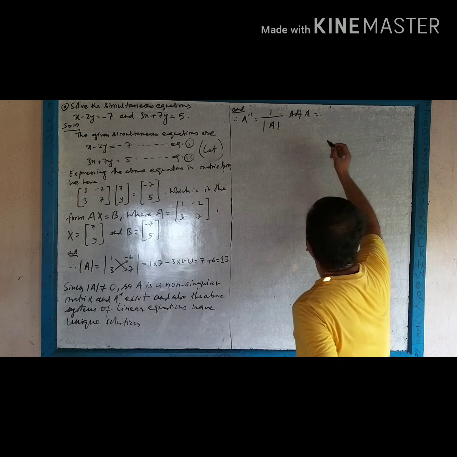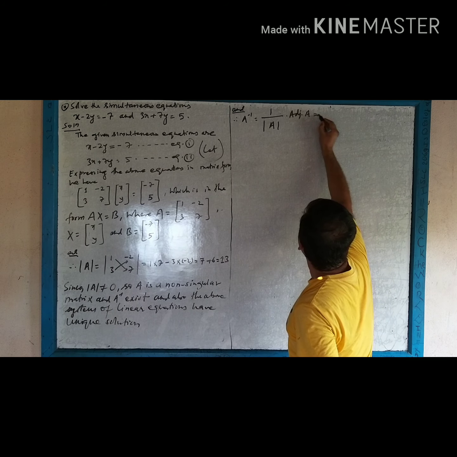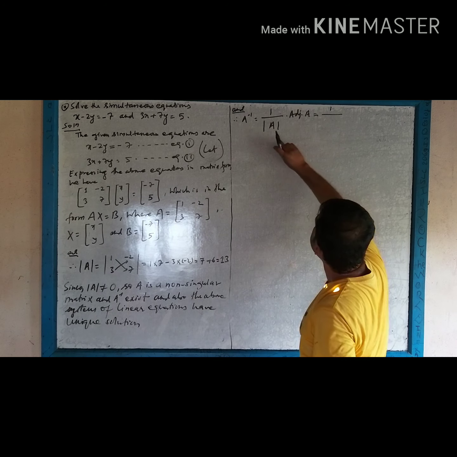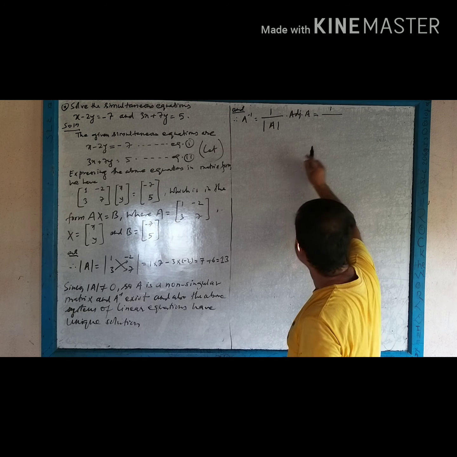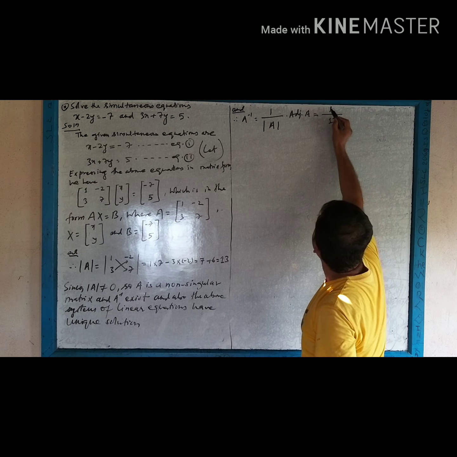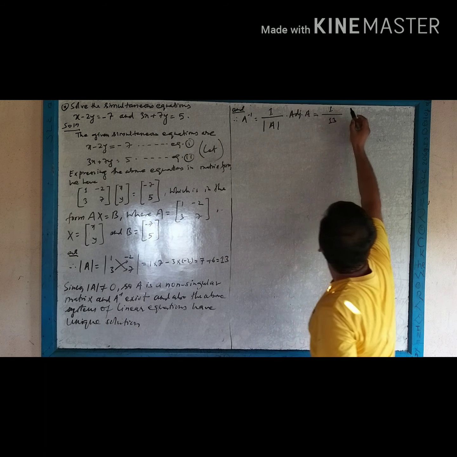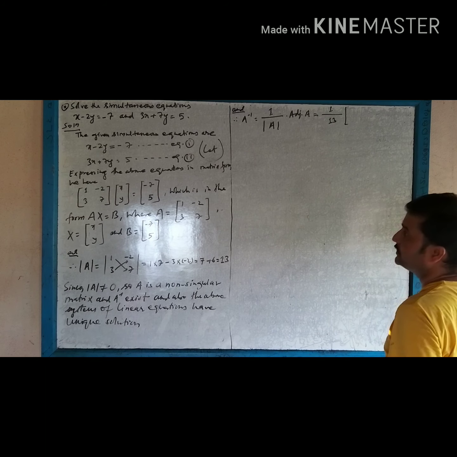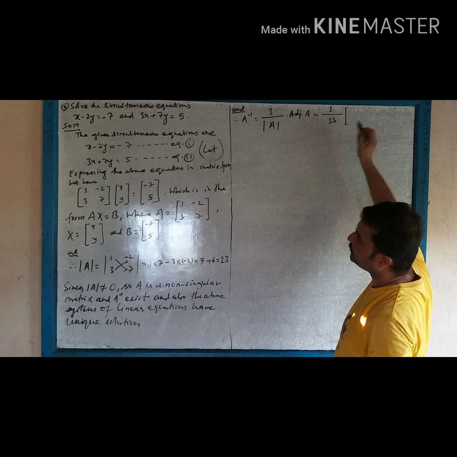Let's go. So 1 by, what is the determinant of A? 13. It's 13. Then the adjoint: adjoint of A means the principal diagonal elements change. What is A?